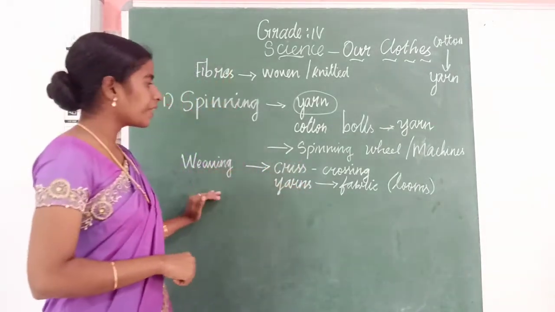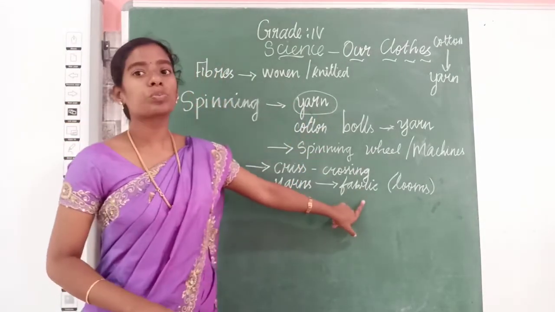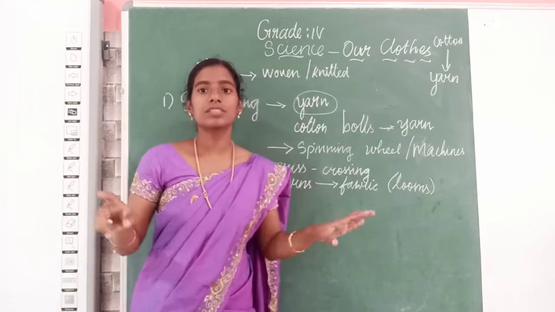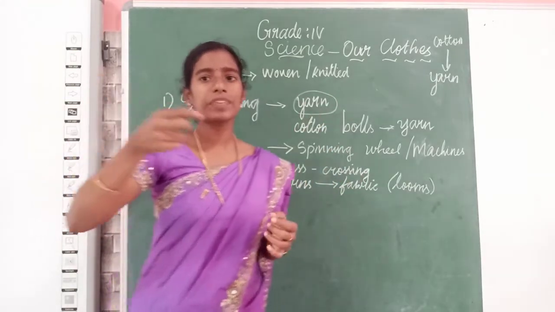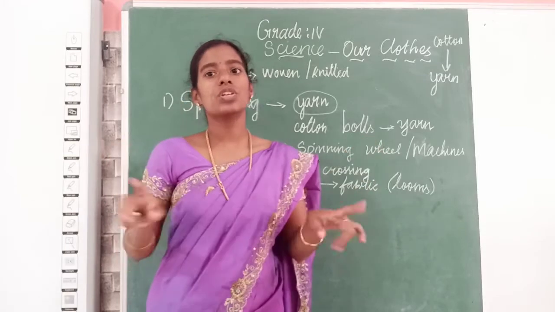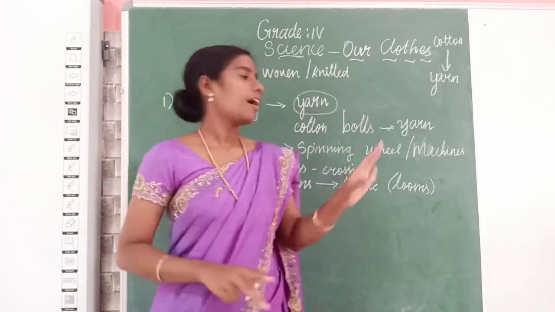What does weaving mean? Here the input is yarn, and the output is fabric. Fabric means the plain cloth. Yarn is like thread. They will join this yarn and make it as a fabric.